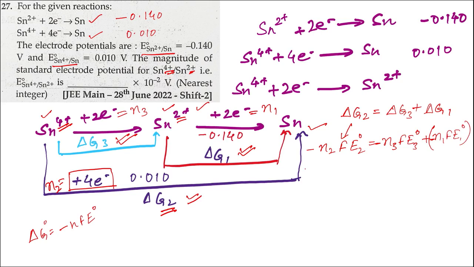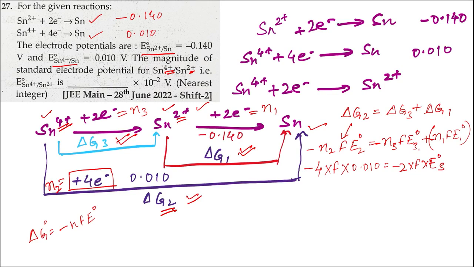So putting the values, n2 is 4, so this is minus 4 into F into E naught 2, which is 0.010, and this is equal to minus n3, which is 2, into F into E naught 3. E naught 3 value you have to find out.